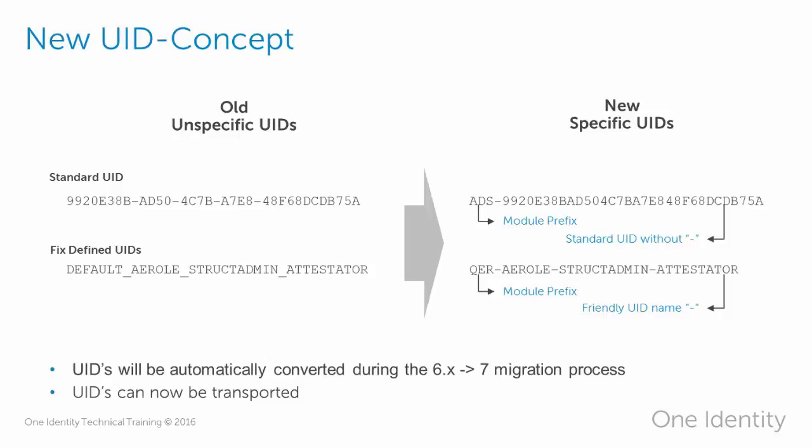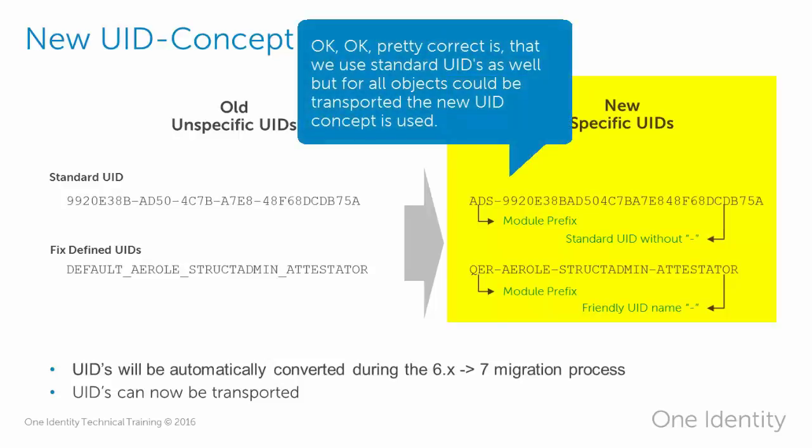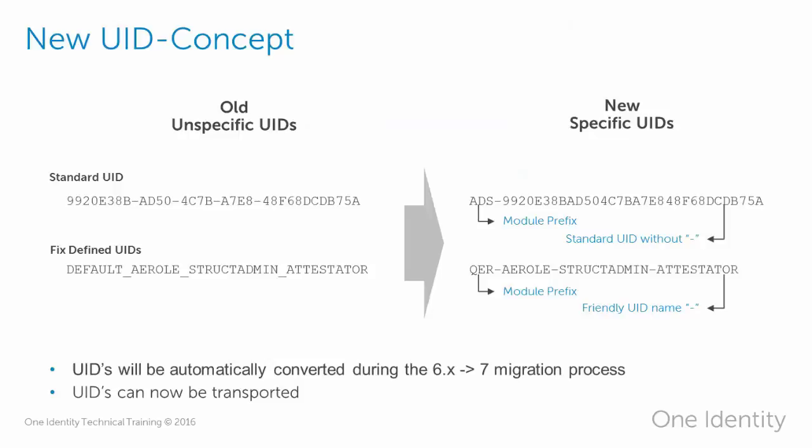Very new now with version 7, we have module-dependent and self-made UIDs for everything. That means we don't use the standard feature to create UIDs anymore. We have modified that to a specific system that always creates Identity Manager based UIDs. If you look on the right side of the screen, you will see something like the ADS, then the dash, and whatever else character string are the UIDs.